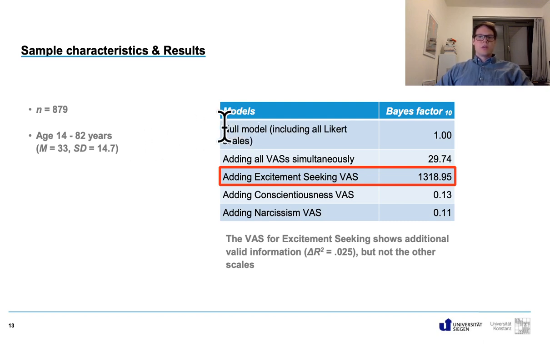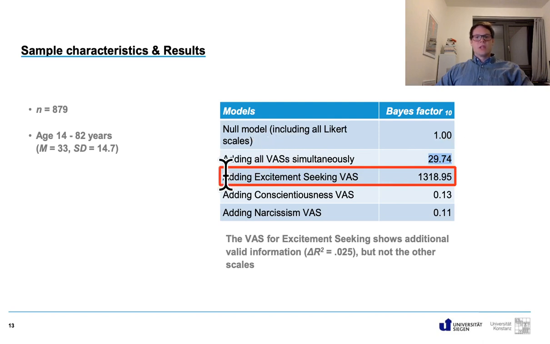First we entered all Likert type scales, so conscientiousness, excitement seeking, and narcissism measured via Likert type scales. Then in the next step, we added the same scales but measured via visual analog scale and saw whether we explain more variance if we include those answers as well. As you can see by the Bayes factor here, there is additional information in the visual analog scales.